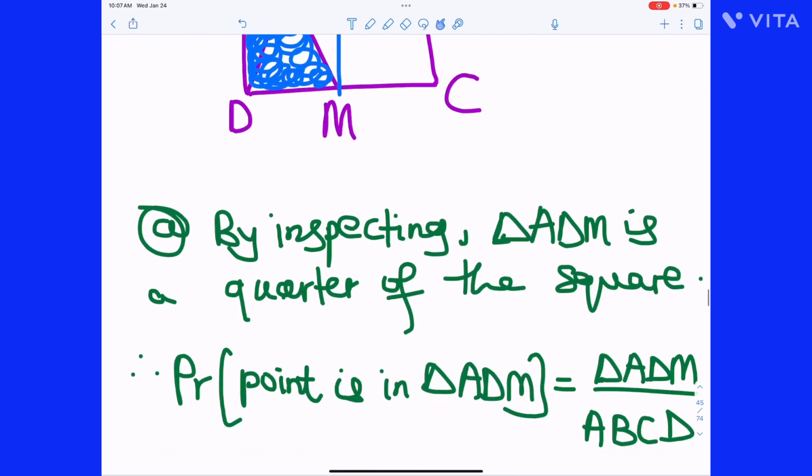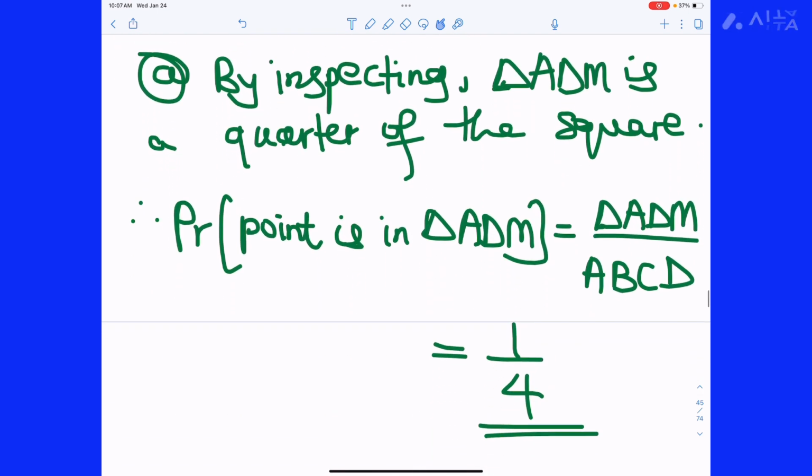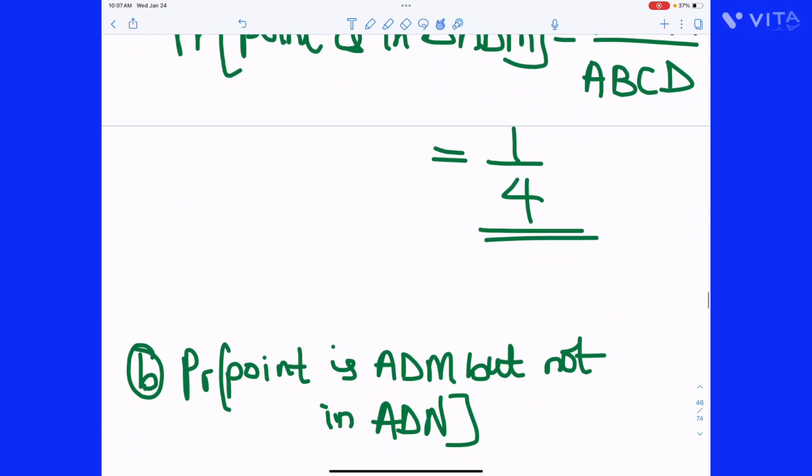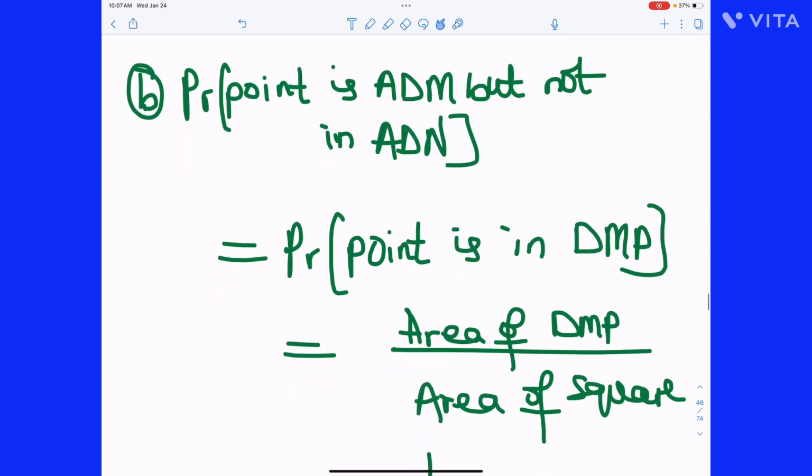So the probability that the point is in triangle ADM is the area of triangle ADM over the area of the whole square. That's 1/4.